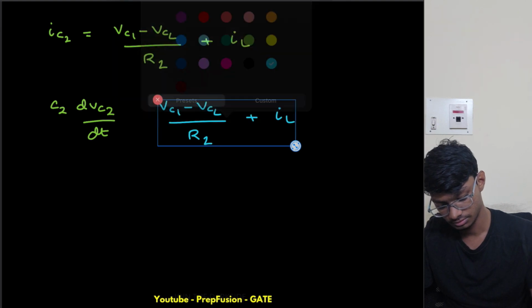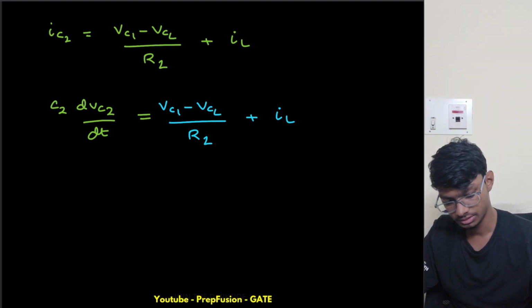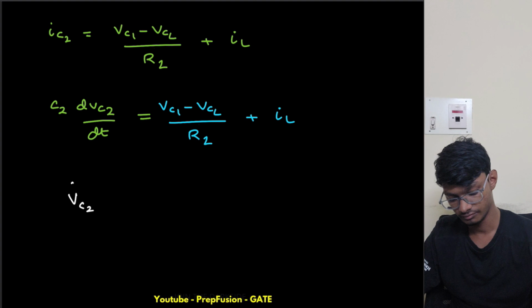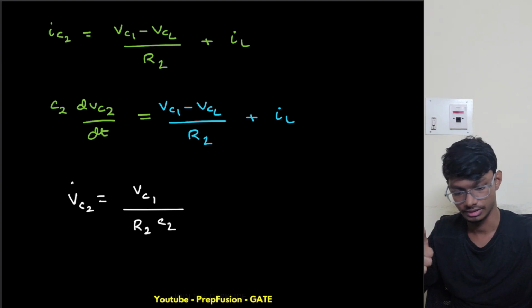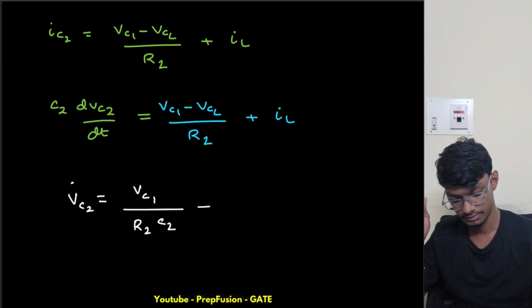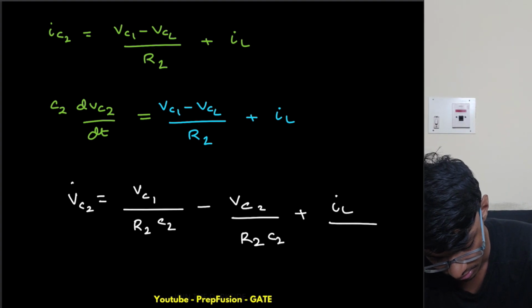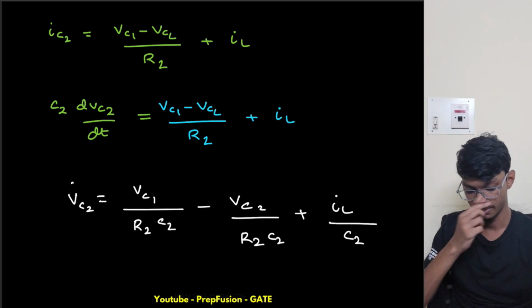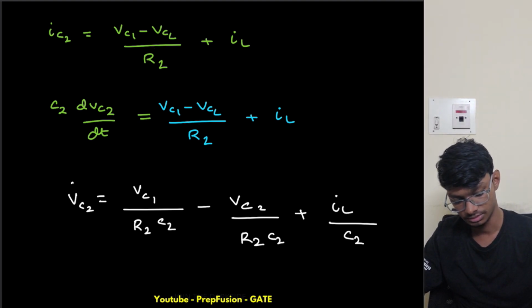Here, if I just divide by C2, I will get my desired equation for another state variable: VC2 dot of t is equal to VC1 by R2 C2, minus VC2 by R2 C2 also, plus IL by C2 only. So this is my third equation that will come. This is my third equation basically.